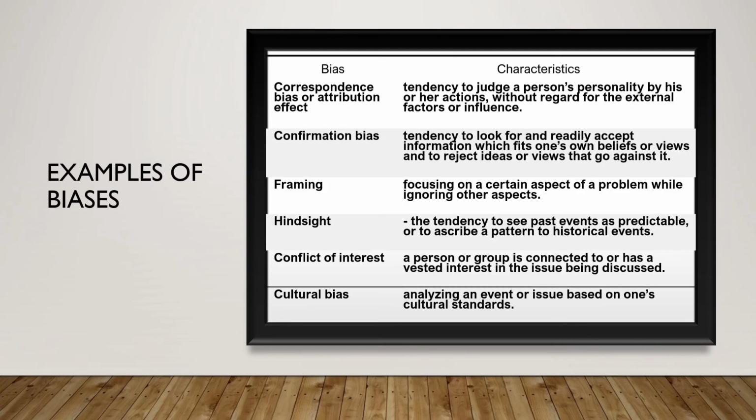We have what we call correspondence bias or attribution effect. It is a tendency to judge a person's personality by his or her actions without regard for the external factors or influence. That is what we call correspondence bias or attribution effect.